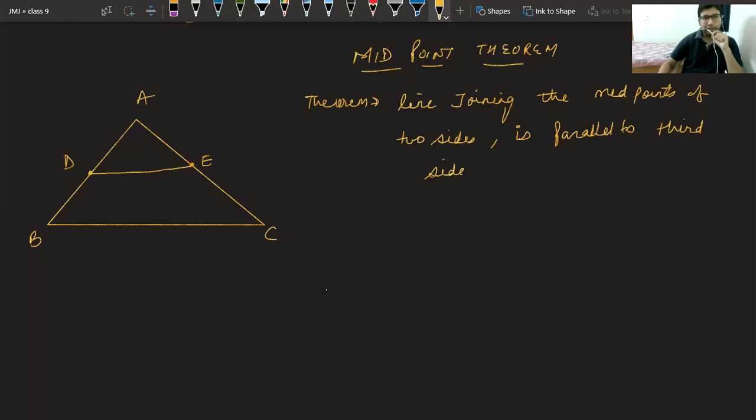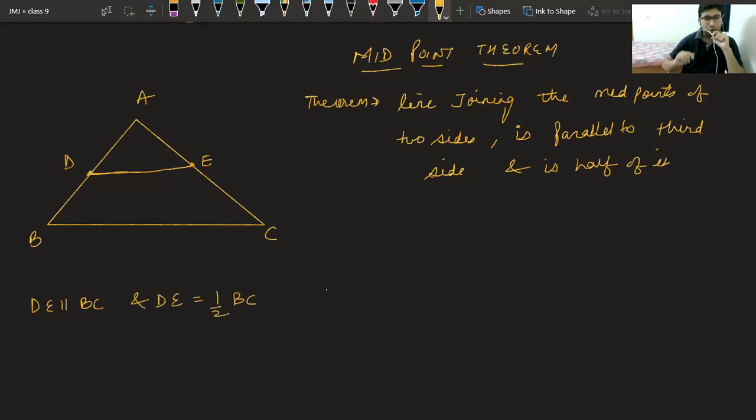That means if D and E are midpoints, then this line DE will be parallel to BC and is half of it, and DE equal to half of BC.